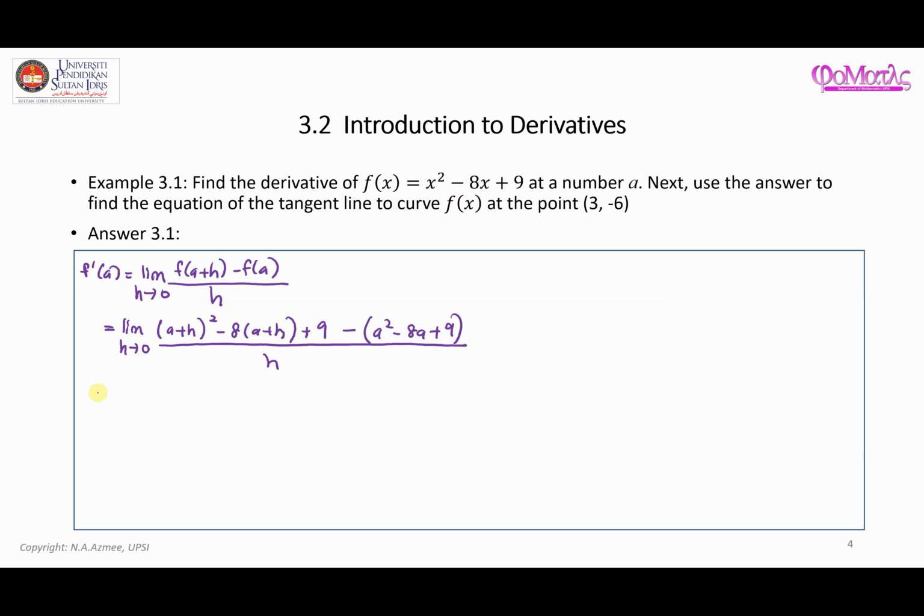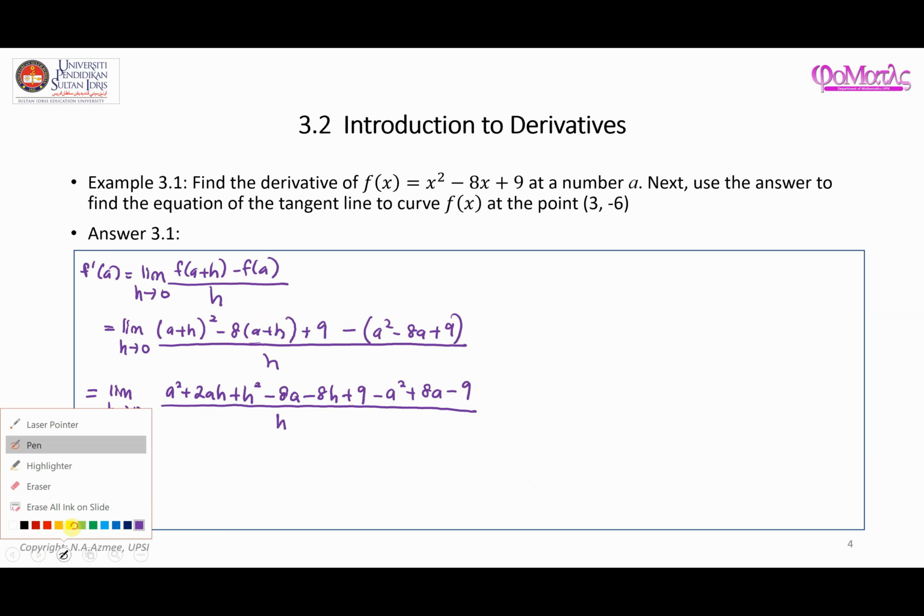Next, let us try to simplify the numerator, and that will be a squared plus 2ah plus h squared for this one. And here it will be negative 8a negative 8h plus 9. And here if you take out the bracket, it will be negative a squared plus 8a minus 9, over h.